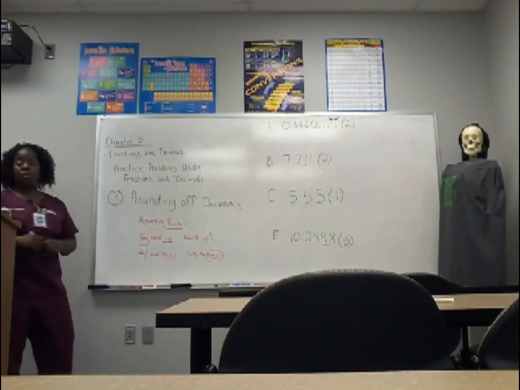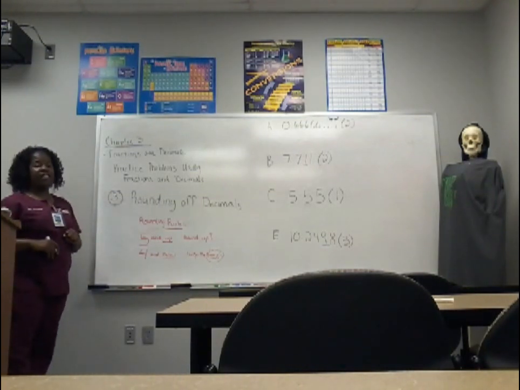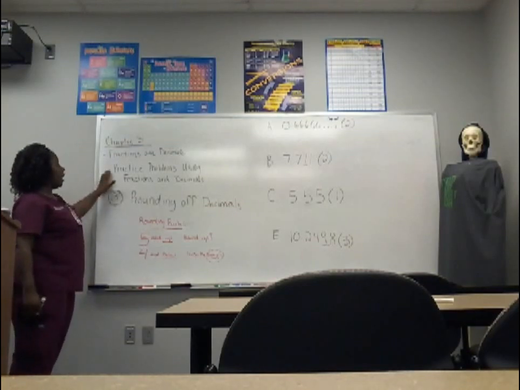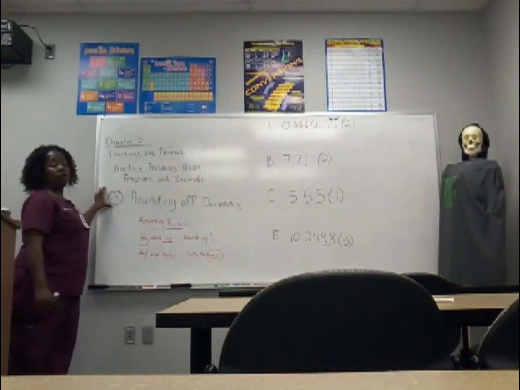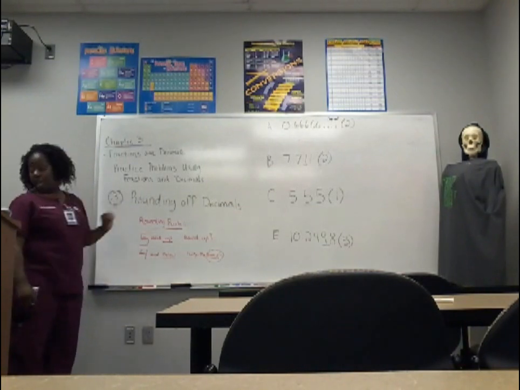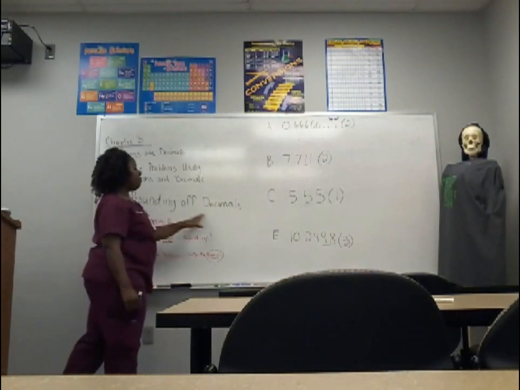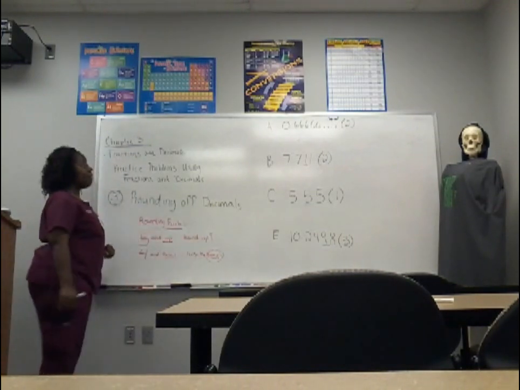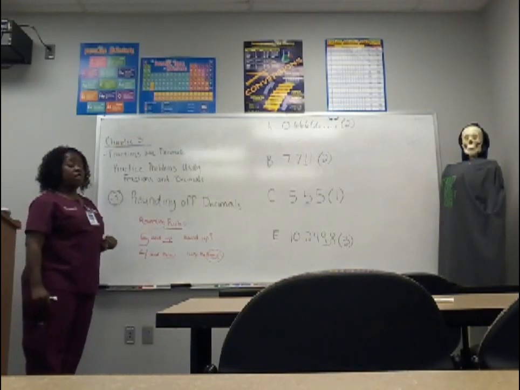Okay. We're in chapter 3 still working under the fractions and decimals. We're still working on practice problems using fractions and decimals. But in part 3 of the practice problems on page 27, we are doing rounding off decimals. I have a few problems up there, but let me start off with the rules.